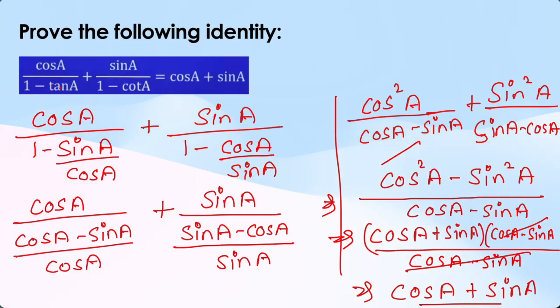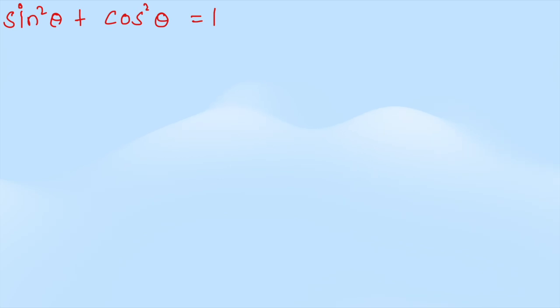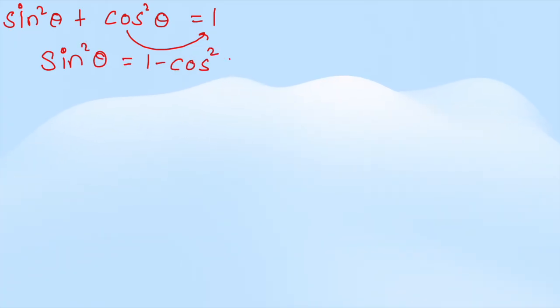Hope it is clear. One more thing that we should remember is, I know that sine square theta plus cos square theta equals 1. So if I shift cos to that side, I can directly write sine square theta as 1 minus cos square theta, right?